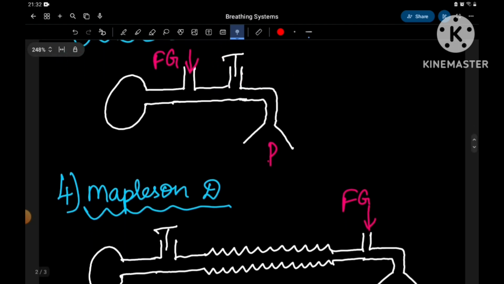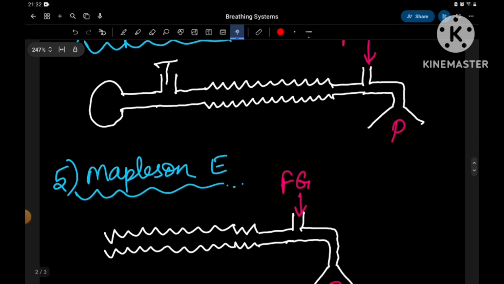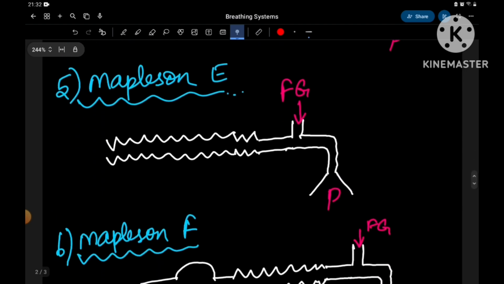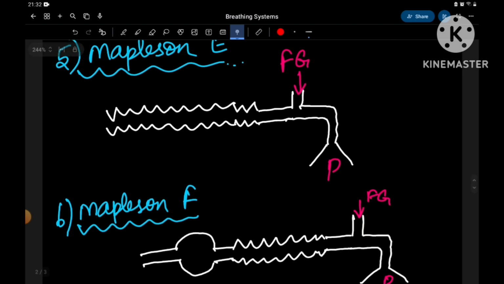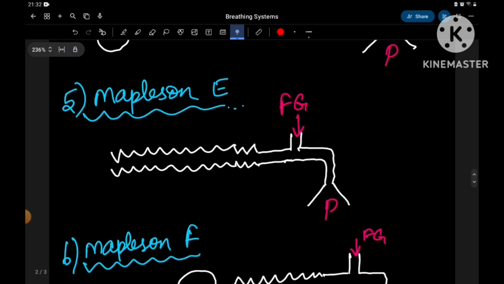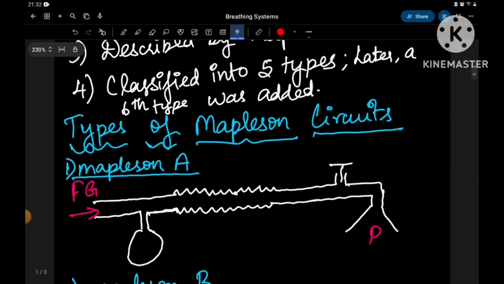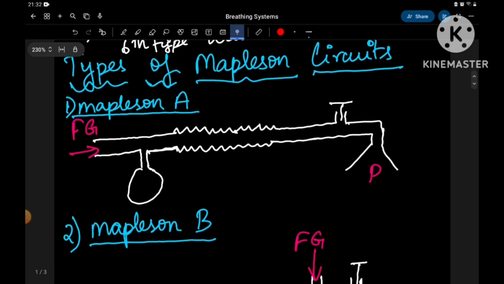Whereas in D, particularly E and F, there is no APL valve. D also it is present, but there is no APL valve. You can see that. Next, what is different in each and everything? See, in A, B and C, the APL valve is near to the patient.